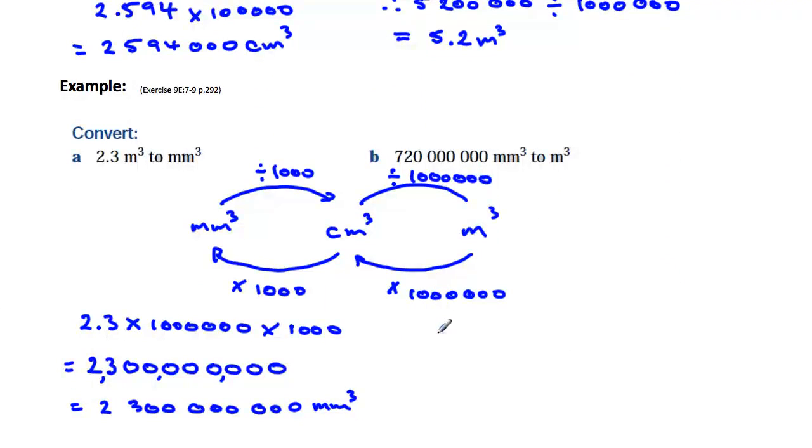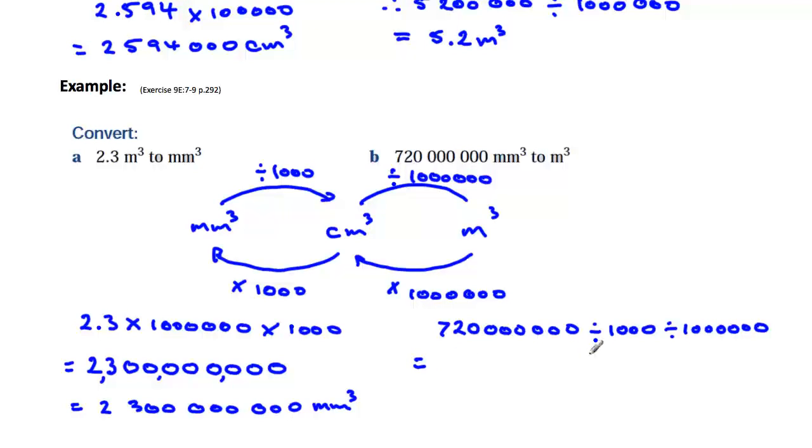So let's have a go at this one. So we start with 720,000,000, 1, 2, 3, 1, 2, 3, and another 1, 2, 3. All right, so what we've got here is we're going from millimetres cubed this way to metres cubed. The first step requires us to divide by 1,000, 1, 2, 3. The next step requires us to divide by 1,000,000, 1, 2, 3, 4, 5, 6.